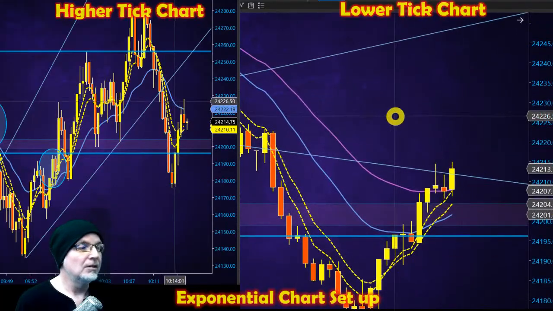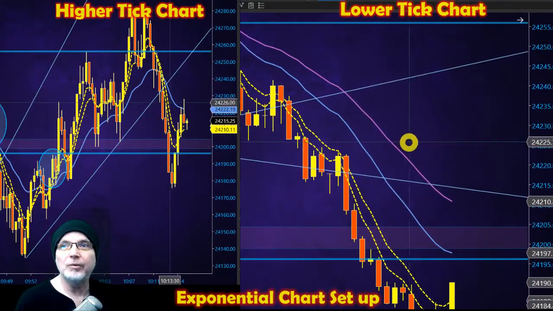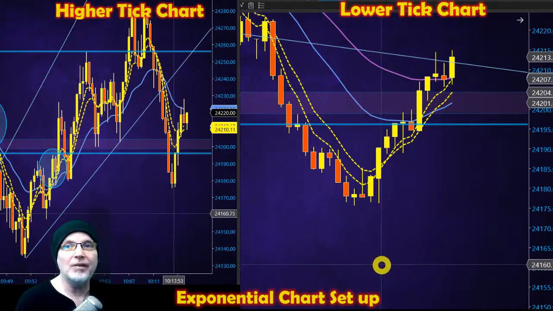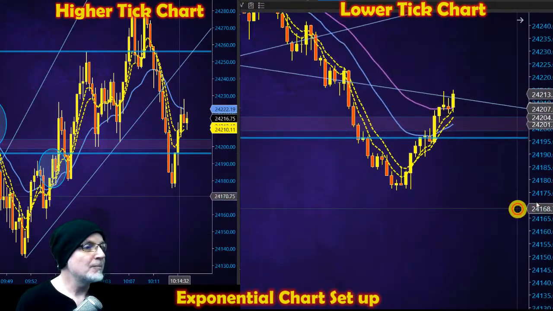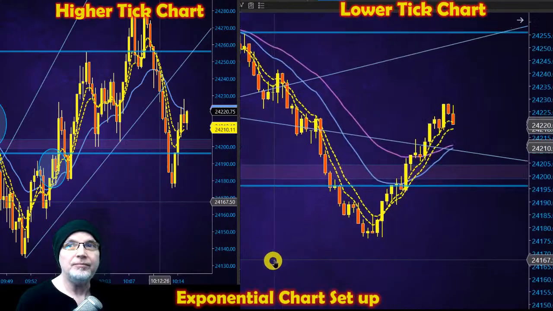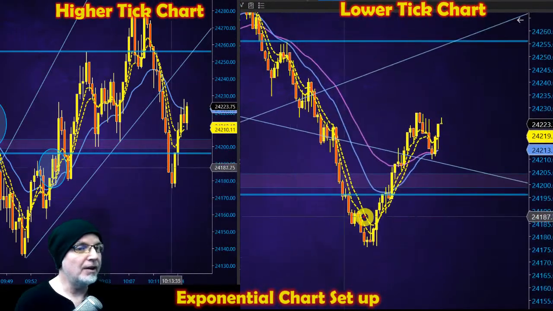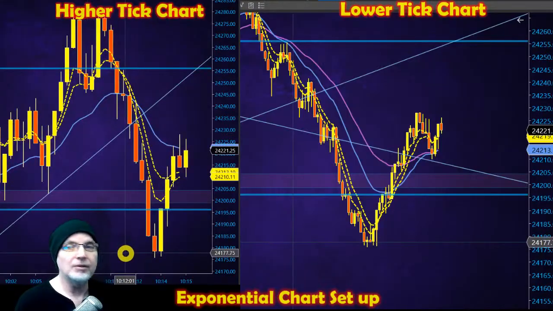Green bar ignored here, green bar ignored here, green bar ignored here. If I got in late, I might have gotten stopped out on that one. And that's where we're at. So yeah, there were some trades going on there that could have worked.